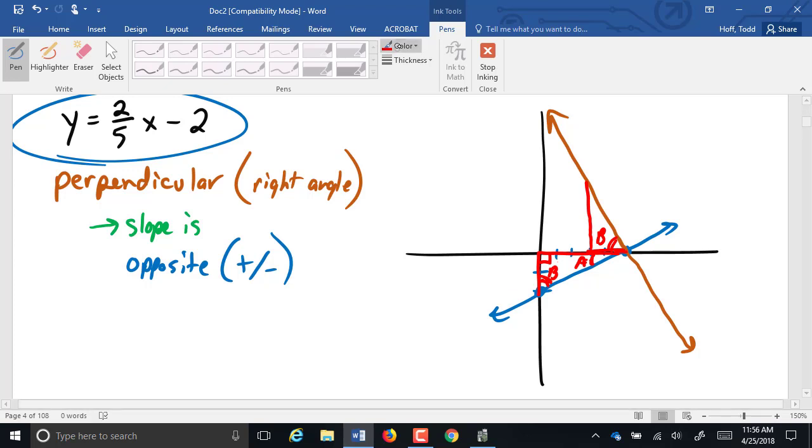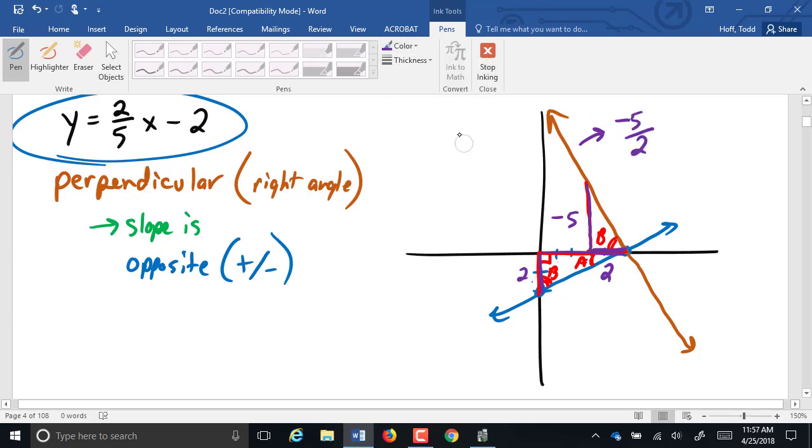And you see what happens is, this was a rise of 2 here. That now becomes a run of 2 on that triangle. This was a run of 5. It now becomes a rise of 5. And since it's opposite, it's actually a -5 going down. So the slope of that brown line, or perpendicular line, is -5 over 2.